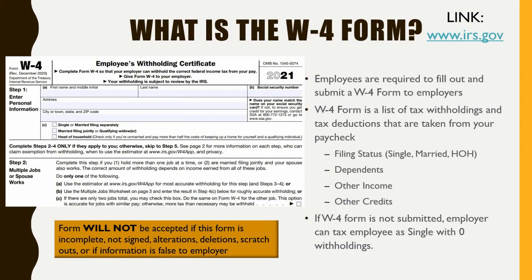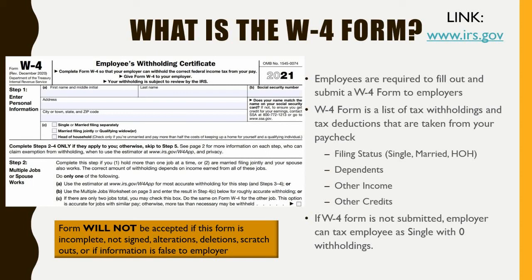A W-4 form allows the individual to claim some taxes to be exempt, or in certain circumstances they can claim things such as their children. They can claim deductions so that when you withhold their income tax, you don't withhold the maximum amount.